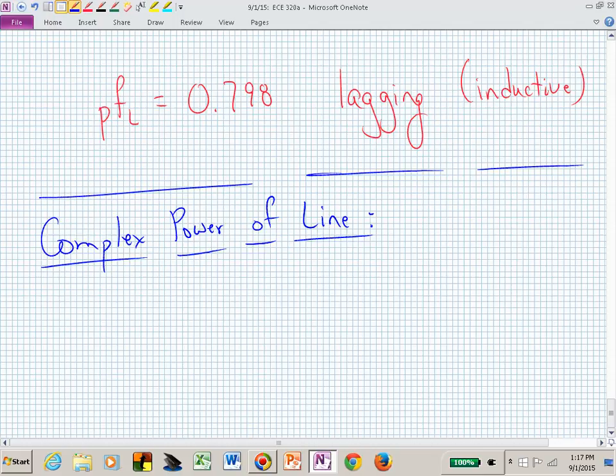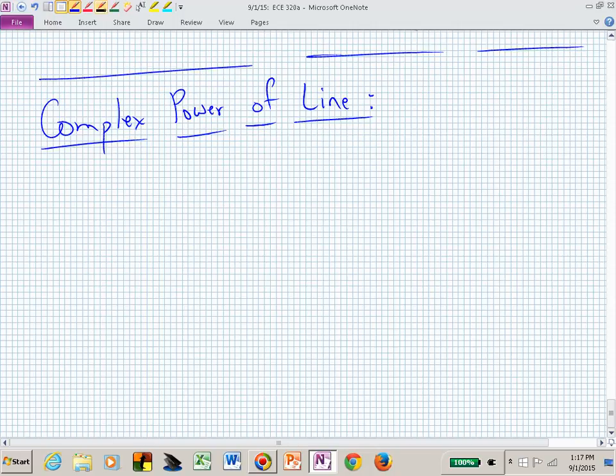And that difference will tell us how much was absorbed by the transmission line. Does that make sense? Meaning, the complex power of the transmission line is the complex power supplied by the source minus the complex power absorbed by the load.